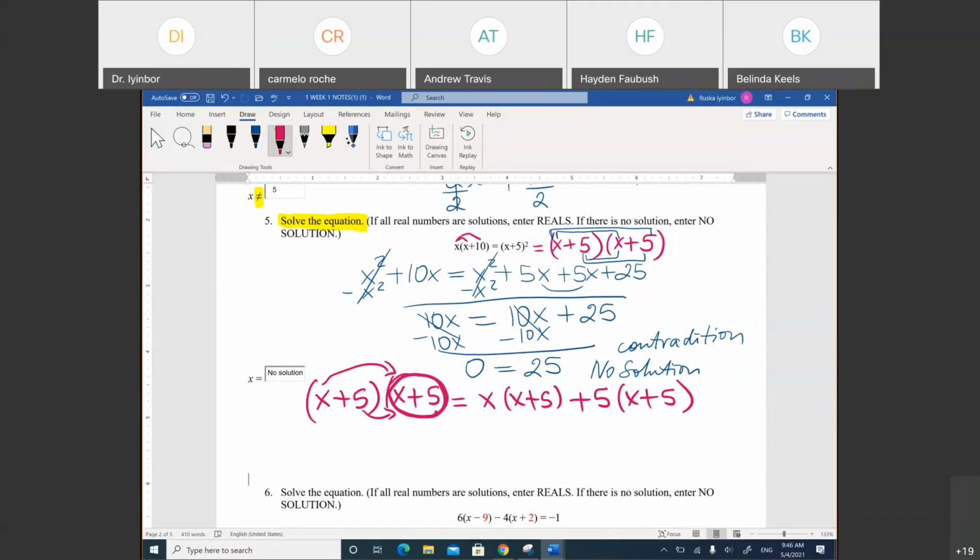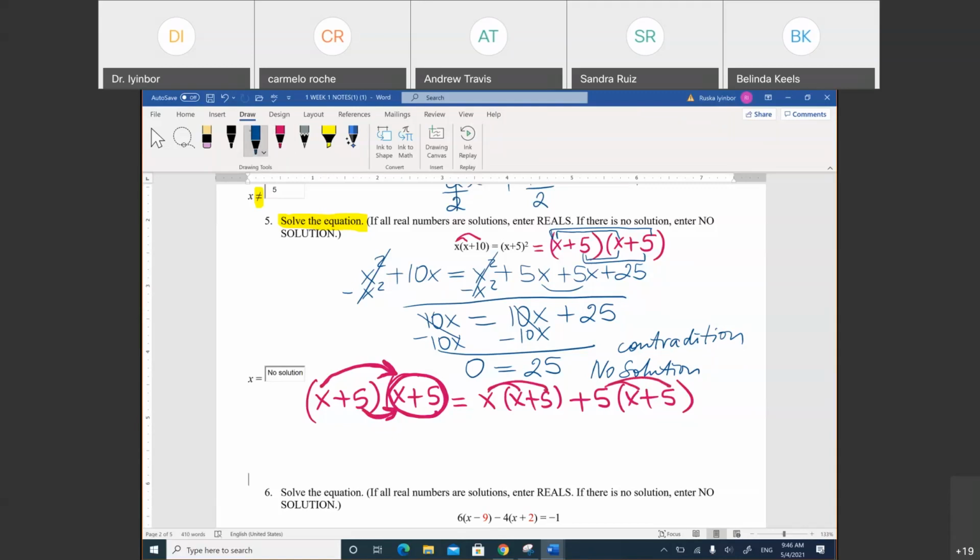No? So I'm showing you a distribution method. This is a different method. Multiply x times x plus 5 and 5 times x plus 5. And then after that, you're going to multiply x times 5, 5 times x, 5 times 5.